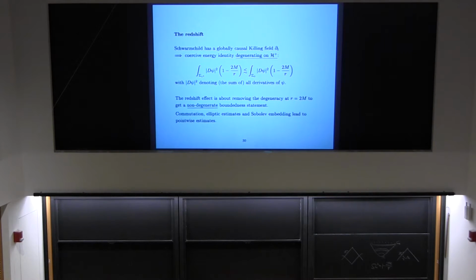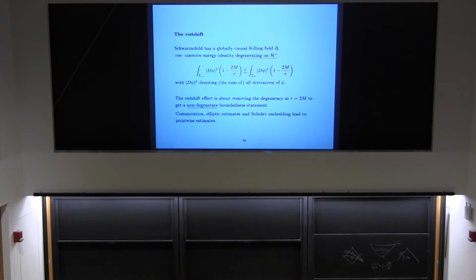The first one, the redshift effect, has to do with the event horizon. If I look at two spacelike slices, say sigma naught and sigma t, I can apply my vector field d by dt. I said in the beginning that Schwarzschild is static, so it has a Killing field which is causal on the black hole exterior.